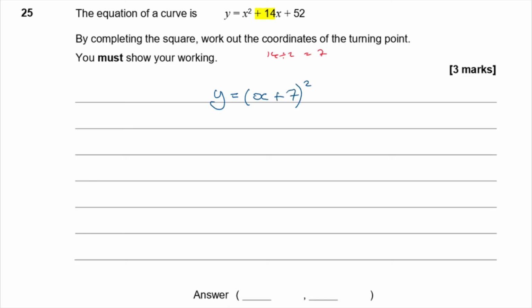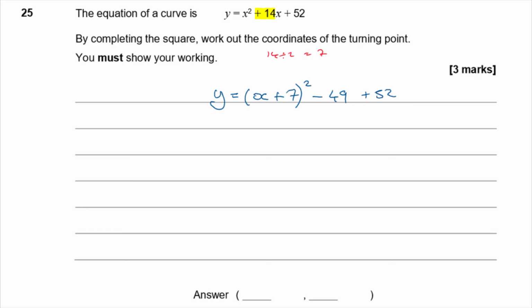That is going to be my replacement for x squared plus 14x. But x plus 7 all squared is actually x squared plus 14x plus 49. So I've introduced 49 more into my equation than I had to start with, so I need to take it away. Plus I've still got that 52 there left over from earlier that I didn't use.